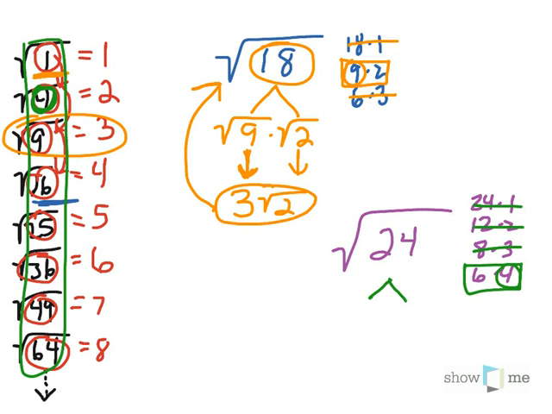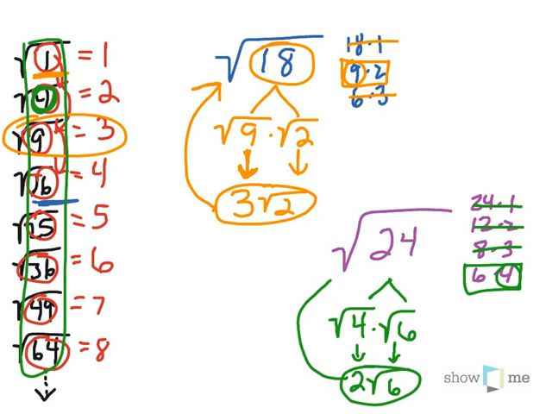I'm going to write the square root of 4 times the square root of 6. And 4 times 6 gives me 24, so I haven't changed what it means. Now the square root of 4 happens to be a nice number. That's 2. The square root of 6 is not a nice number. It's a never-ending decimal, so I'm going to write it like that. And 2 times the square root of 6 is the same as the square root of 24, but it's written with smaller whole numbers.